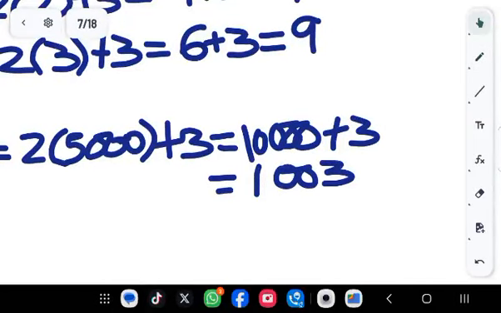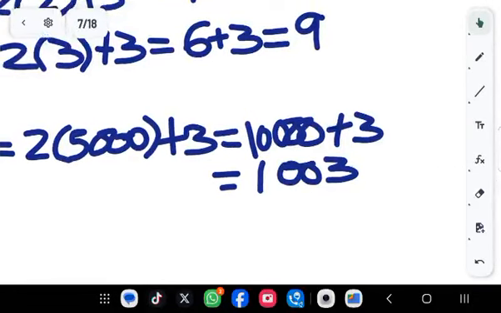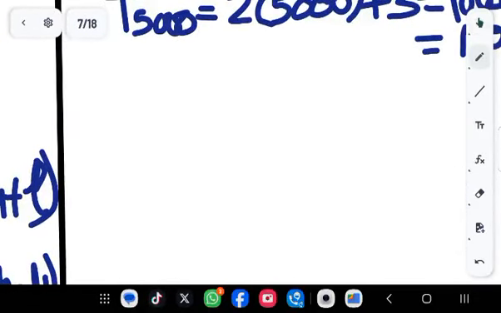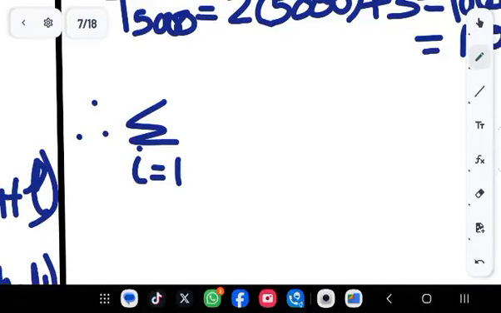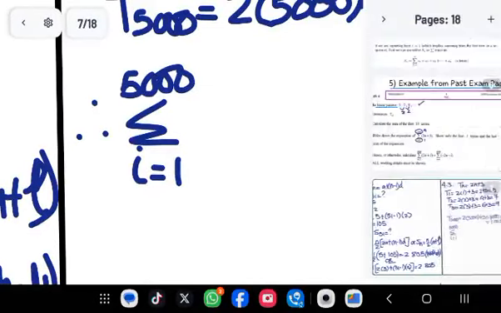So therefore, when we write that sigma notation in expanded form, that will become the sum from, is it i equals 1? Or is it n equals 1? Let's go back.